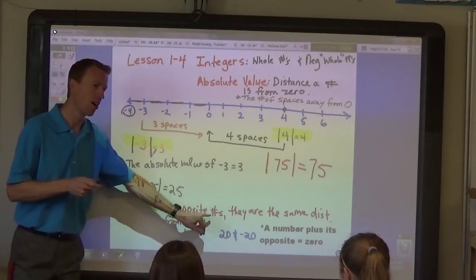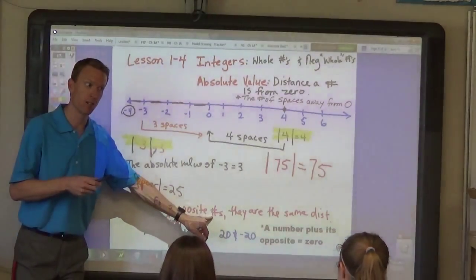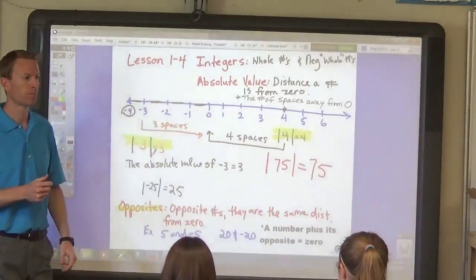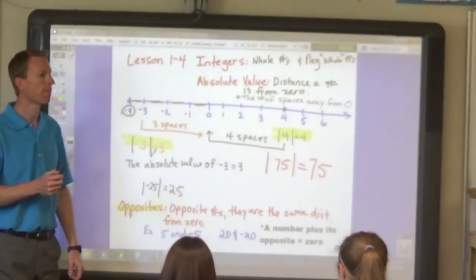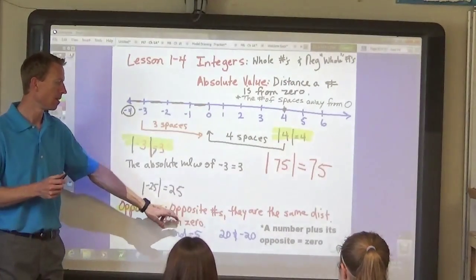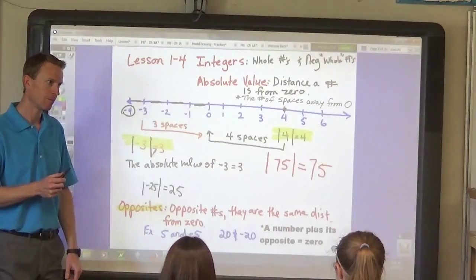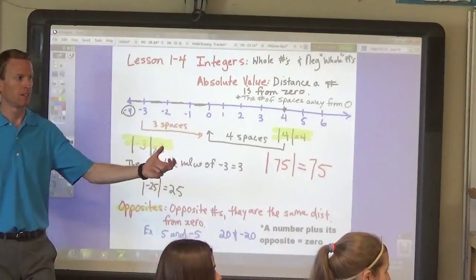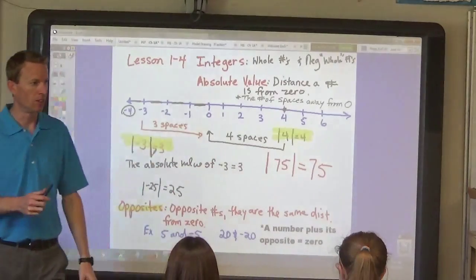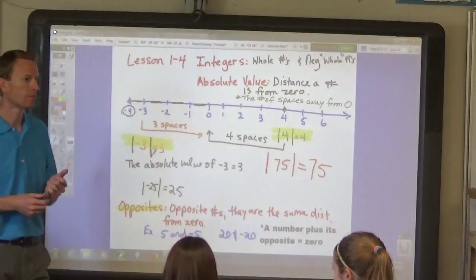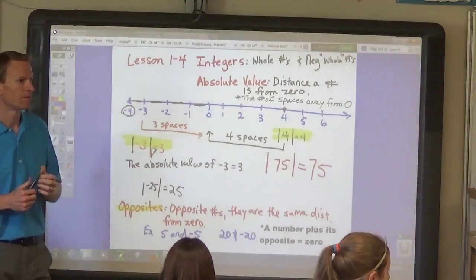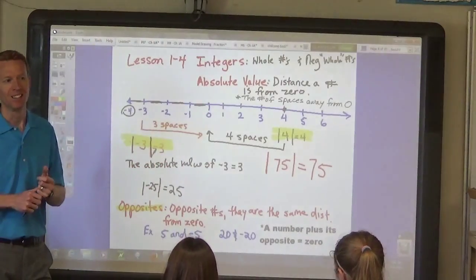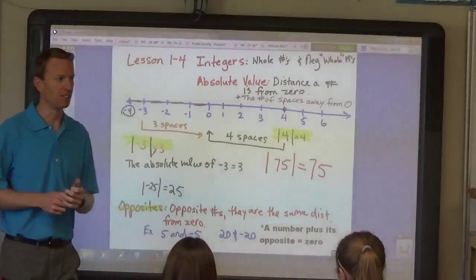Opposites are numbers that are the same distance from 0, but on the opposite side of 0. Opposite numbers are the same distance from 0, but on the opposite, like negative and positive sides. Yeah, they're on the opposite sides of 0. All right?